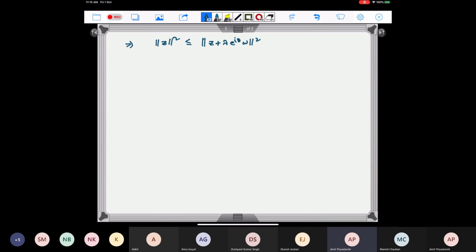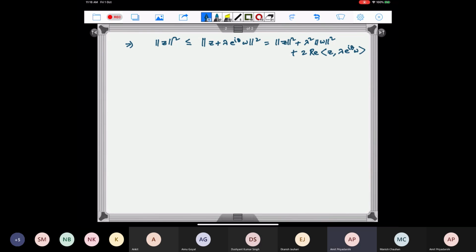And what is this? This is equal to norm z squared plus lambda squared times norm of w squared plus 2 times the real part of z inner product with lambda e to the i theta w.